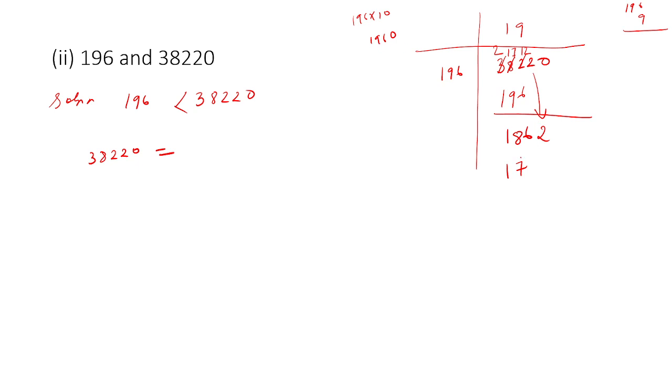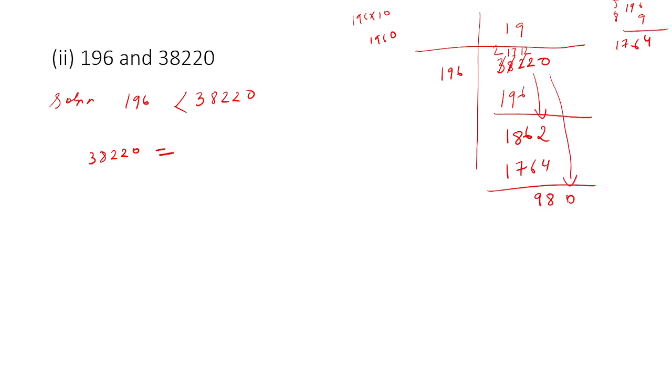So obviously the next value should be 9. 196 into 9 will give you 1764. Okay, so you subtract that and you see what you're getting. So this is going to be 98, and then bring down 0, making it 980.